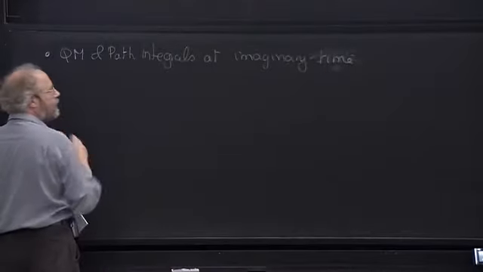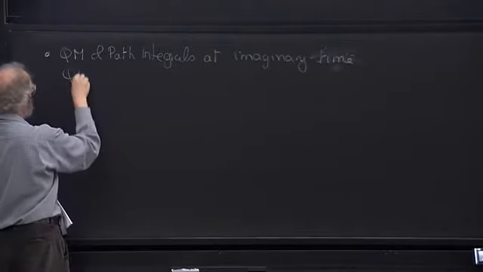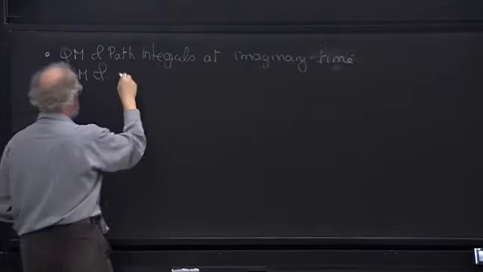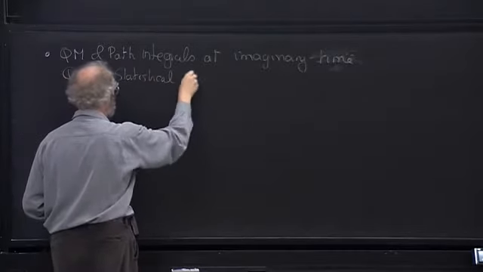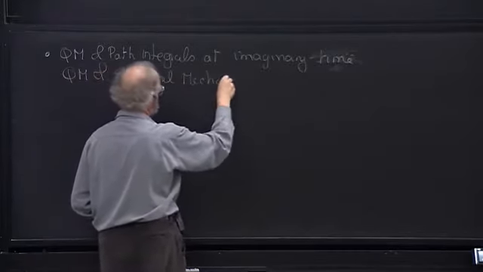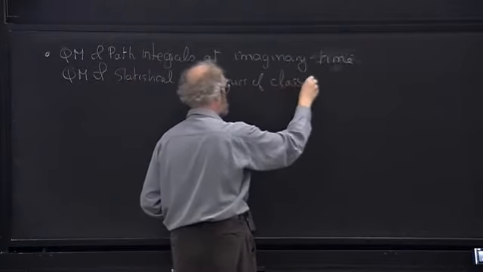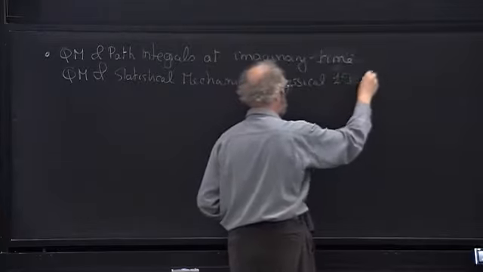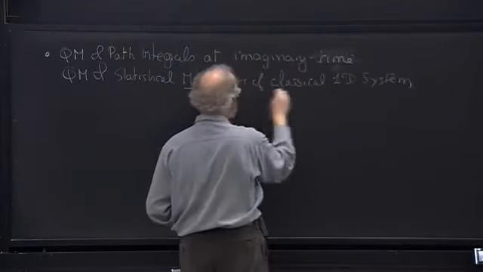This is going to illustrate the relation between quantum mechanics and statistical mechanics of a classical 1D system. The classical is very important.